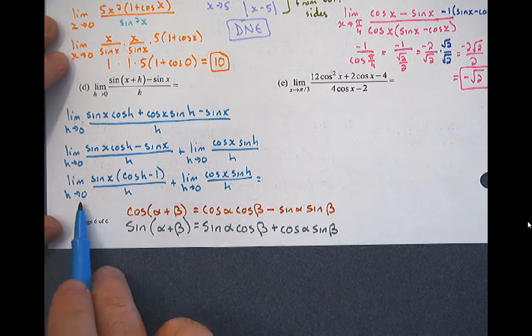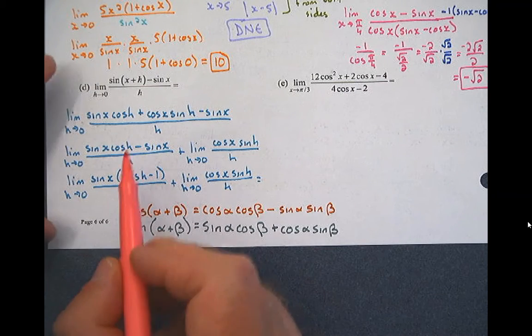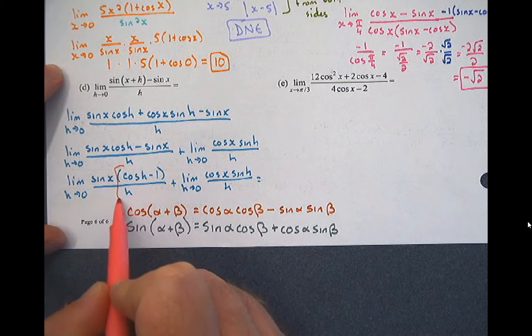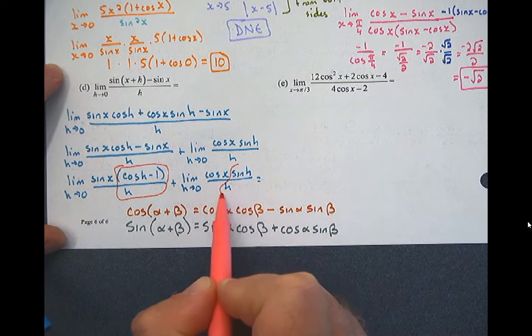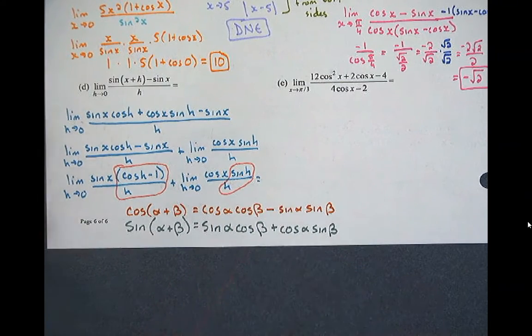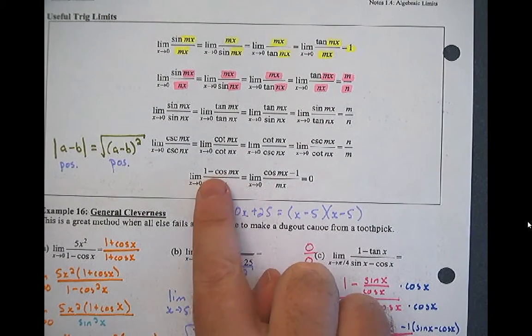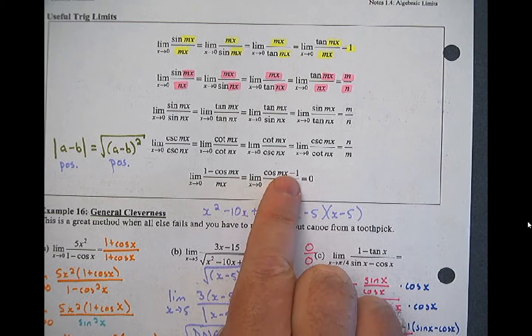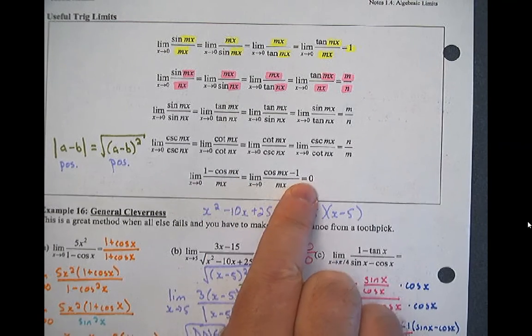So now I can plug in 0 for h. This, though, and this, though, fit into our trig identities that we're supposed to have memorized. So it doesn't matter if it's 1 minus cosine or cosine minus 1, because all that would do is give you a negative, and the opposite of 0 is still 0.